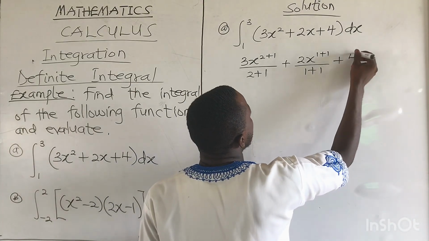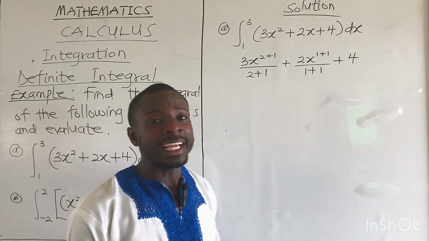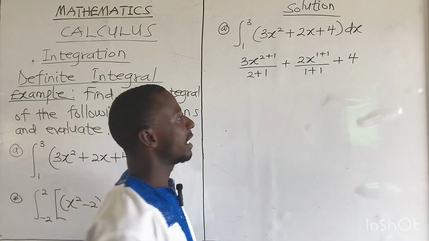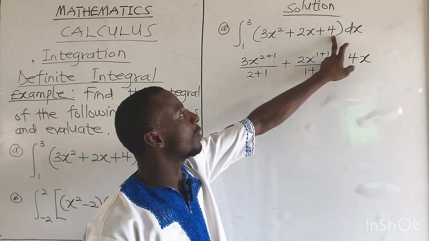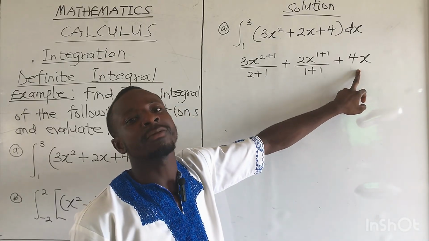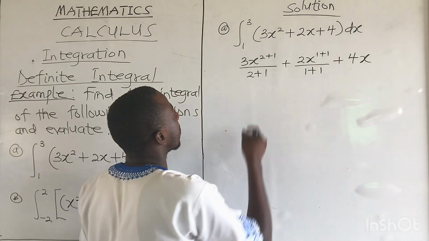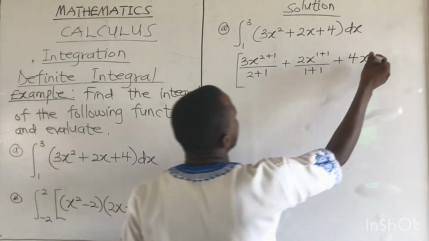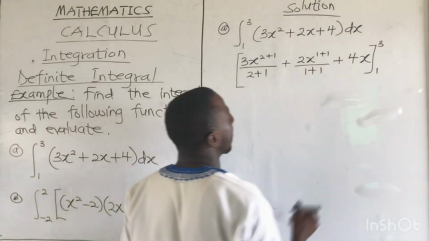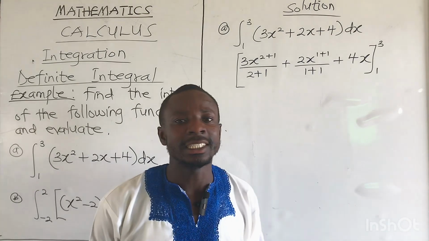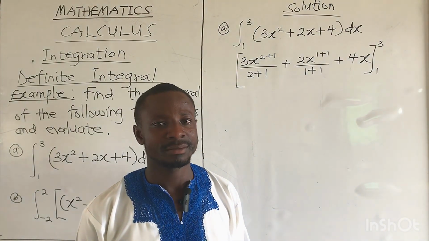Plus 4. When we are integrating any constant, we add x to it, so integrating 4 gives 4x. From here we can apply the limit, where the upper limit is 3 and the lower limit is 1.